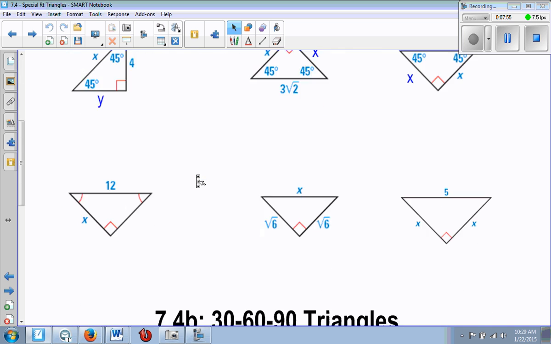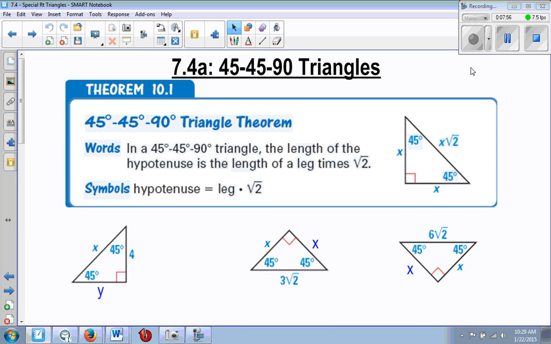Okay, so notice that in a 45, 45, 90, you have 2 angles that are the same, which means that we have 2 sides that are the same. This is actually an isosceles right triangle.